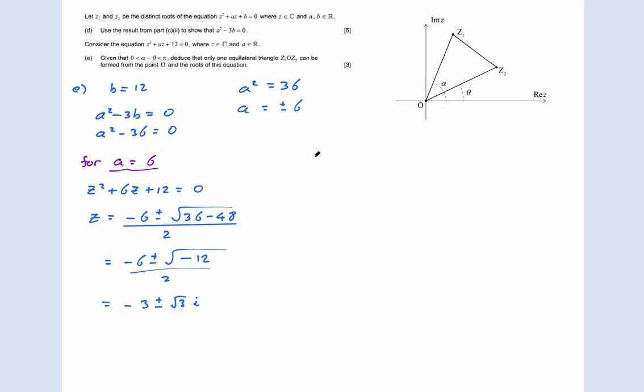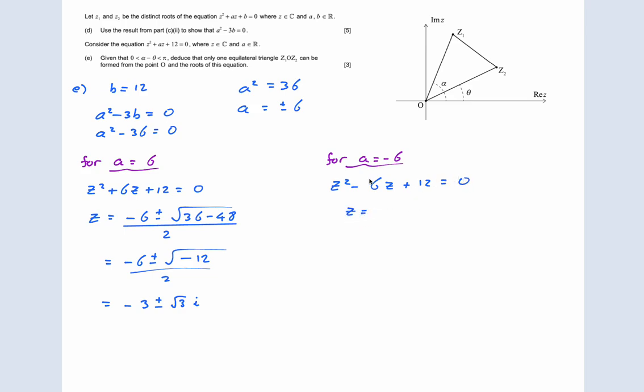For A equals negative 6, we have z squared minus 6z plus 12 equals 0.